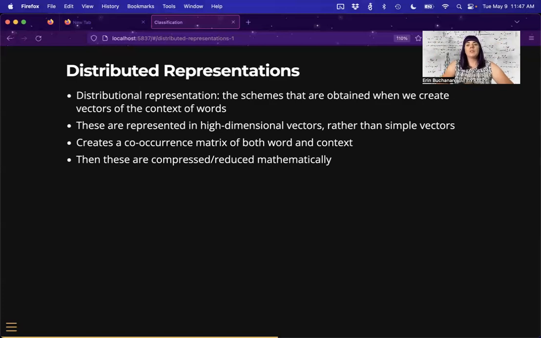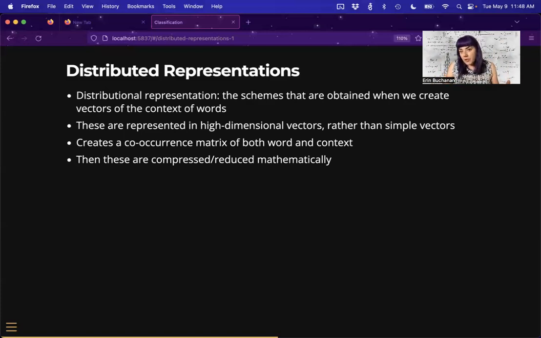In traditional vector space models like LSA, for example, or TF-IDF, with TF-IDF we are changing the numbers represented in the vector to be a weighted importance.